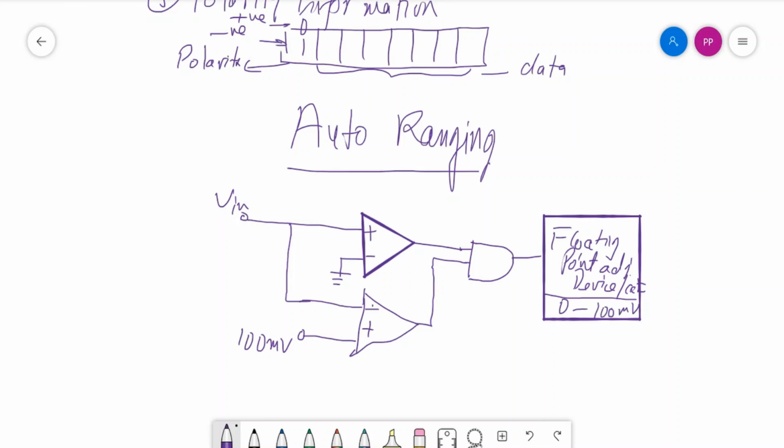So how does it come? Suppose I am starting from -5 millivolt, and it goes up to 110 millivolt. This is the input voltage, maybe a sinusoidal signal of this pattern. So the output of a device is V in, which is coming like this.